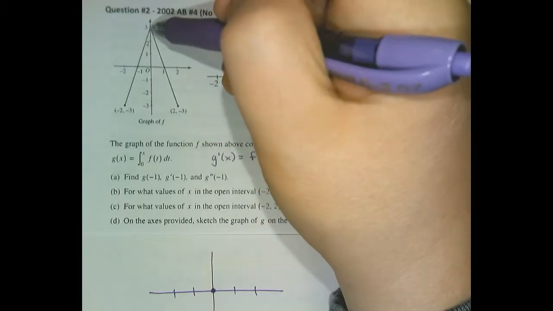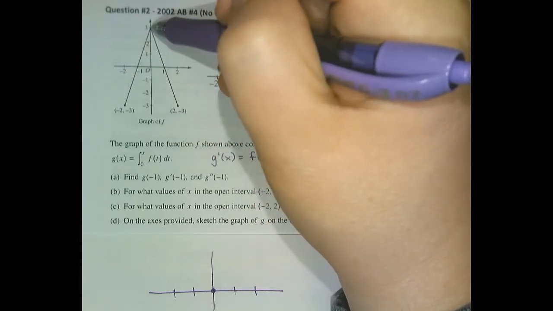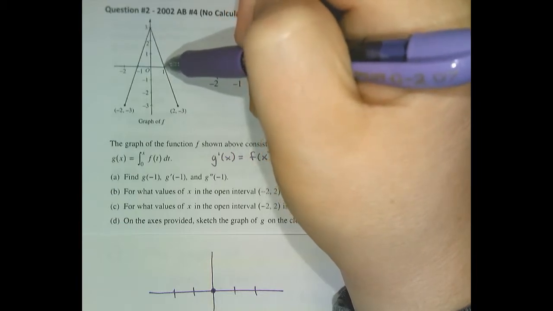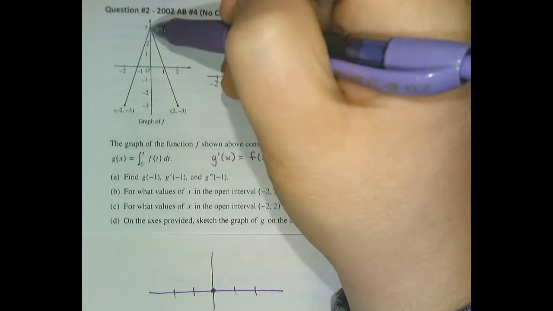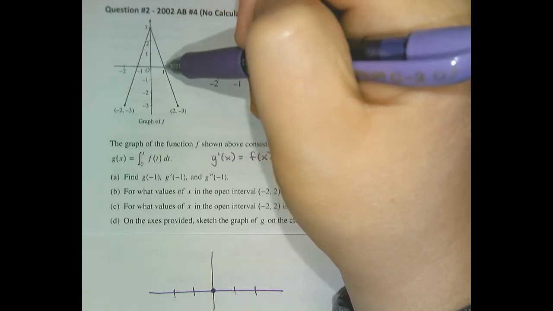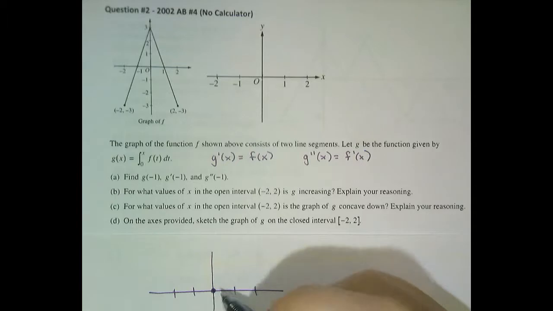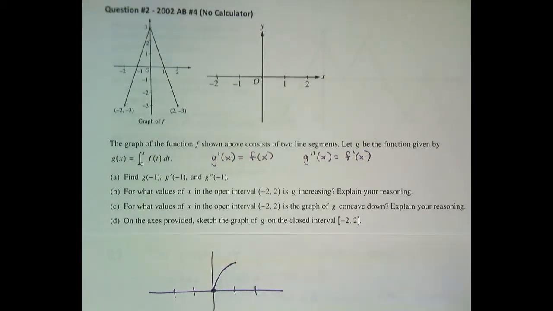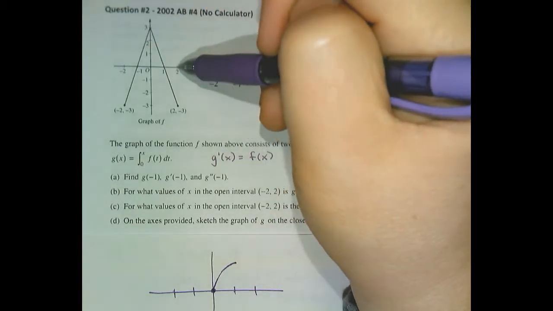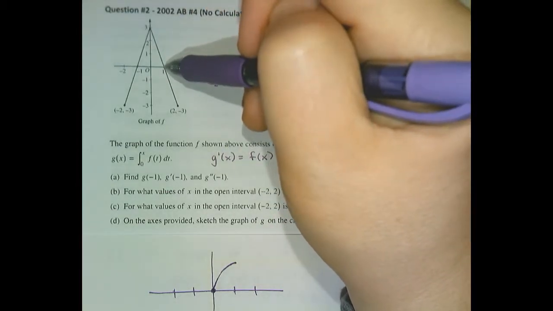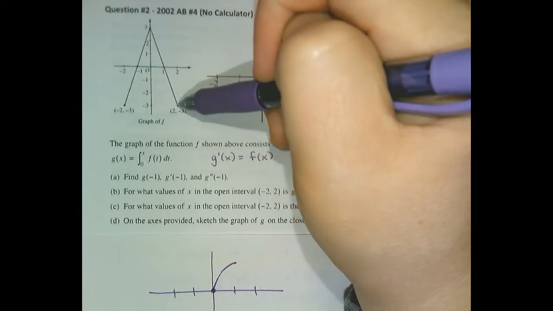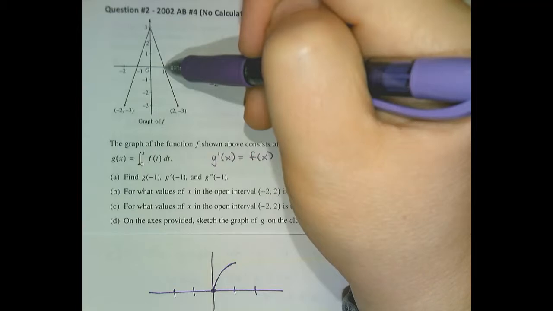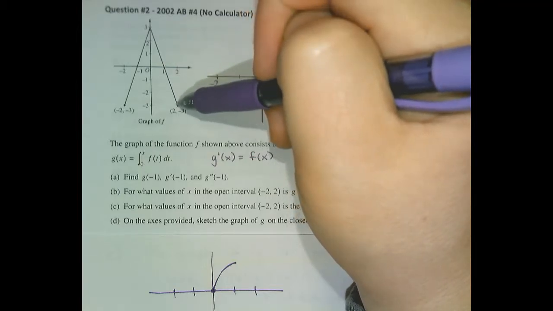We'll start with 0. From 0 to 1, g of x will be increasing because the derivative is positive, and concave down because the derivative is decreasing. So from 0 to 1, we need to be increasing and concave down. From 1 to 2, the graph is going to be decreasing because the derivative is negative, and concave down because the derivative is decreasing.